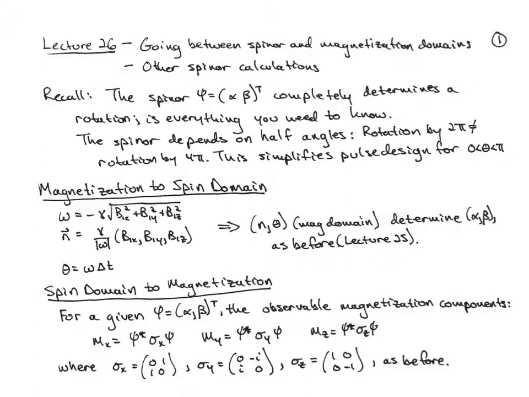We can also go backwards from the spin domain to the magnetization domain. So for a given phi, alpha and beta, the observable magnetization components can be calculated as mx is equal to phi complex conjugate times sigma x times phi. My is the same thing but with sigma y, and mz is the same thing but with sigma z, where these 2x2 spin matrices, sigma x, sigma y, and sigma z, have the same definitions as before.